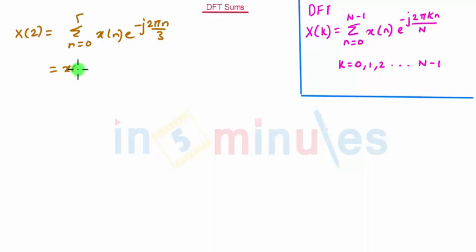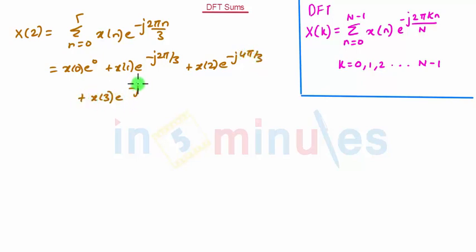So it comes out to be x of 0 e raised to 0 plus x of 1 e raised to minus j 2 pi by 3 plus x of 2 e raised to minus j 4 pi by 3 plus x of 3 e raised to minus j 6 pi by 3 plus x of 4 e raised to minus j 8 pi by 3 plus x of 5 e raised to minus j 10 pi by 3. These terms may seem very long, but once they are simplified, they resolve to smaller terms.